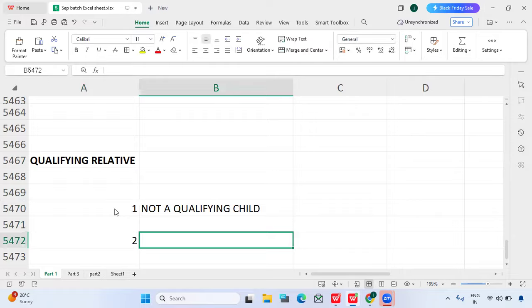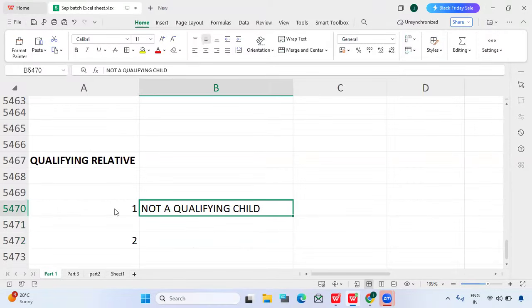So second point. Here, the person is not a child anymore, which means he may be someone other than a child, or a child over the specified limits, like a child older than 19. So can we still consider him a qualifying child? No, we can go with qualifying relative now.